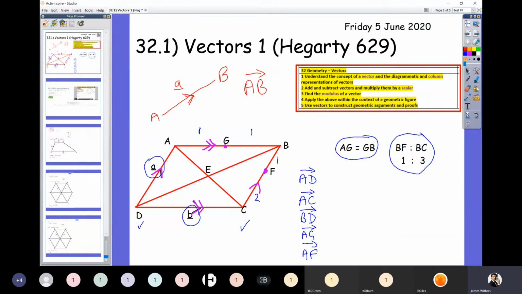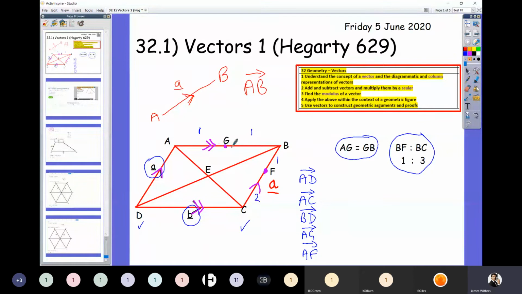So labeling up our diagram, we can say that going from C to B is also vector a. Now, going from D to C, that's just going horizontally that length. So going from A to B is also the same vector as vector b.